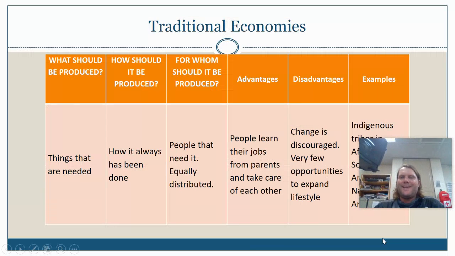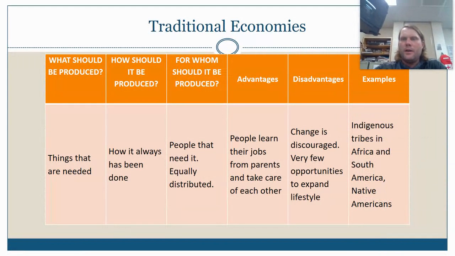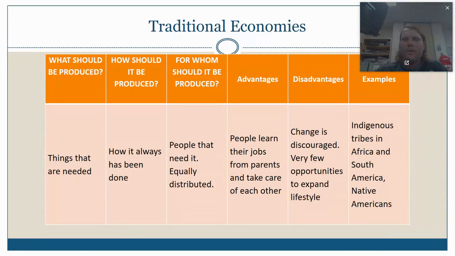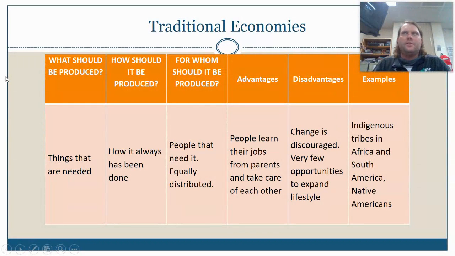Just like anything else, economies over time have evolved. People's populations have become larger. Technology allows us to focus on more things than just food production. But starting with the first economies of the world, even if we're just talking about a two-person economy, where there were only two people, their main focus on what should be produced is going to be things that they need.